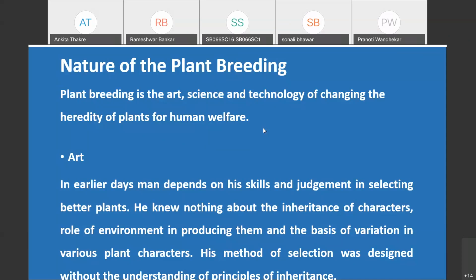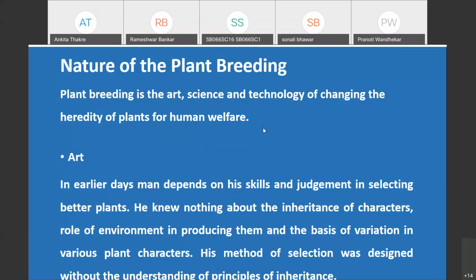But at that time he was not aware of the inheritance of characters, the role of environment in producing these characters, or the basis of variation in characters of the plant.